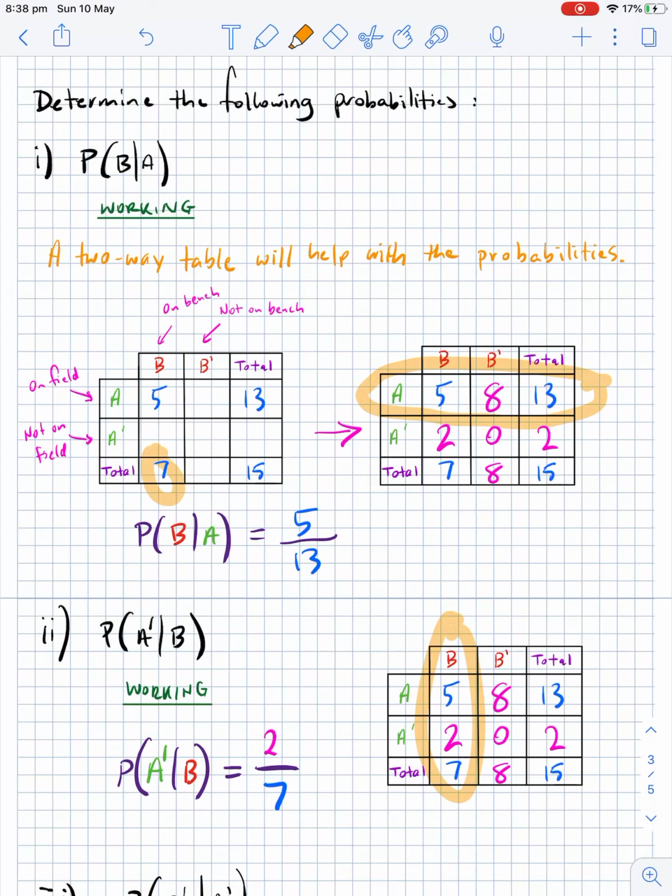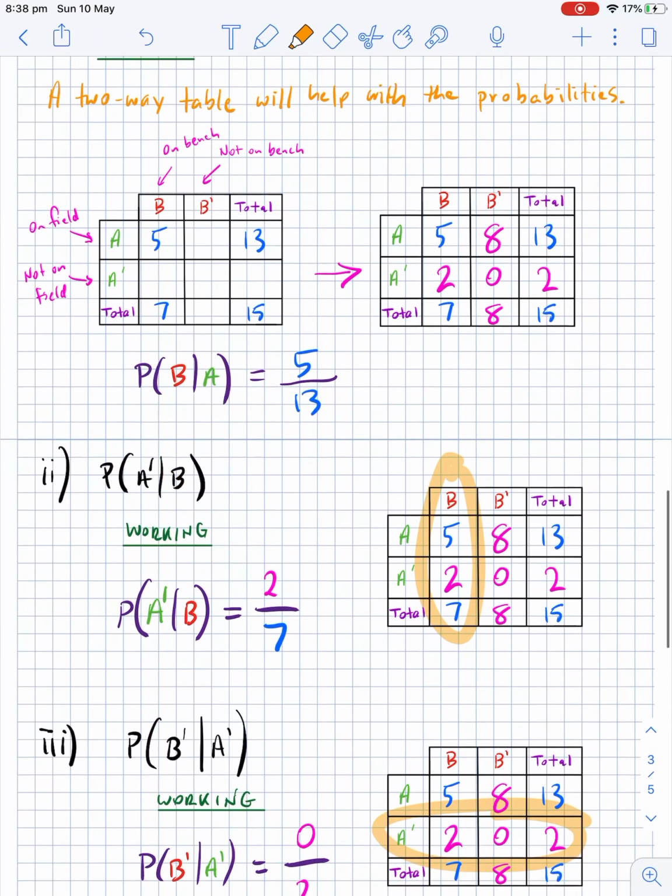We know that 7 people were on the bench, so 7 goes down there. And we know there's 15 players in total. When you've got these numbers into the table in their correct spots, then you can jump to completing all the values. So you can see here that we filled in all the values, so we have numbers for everything we need.